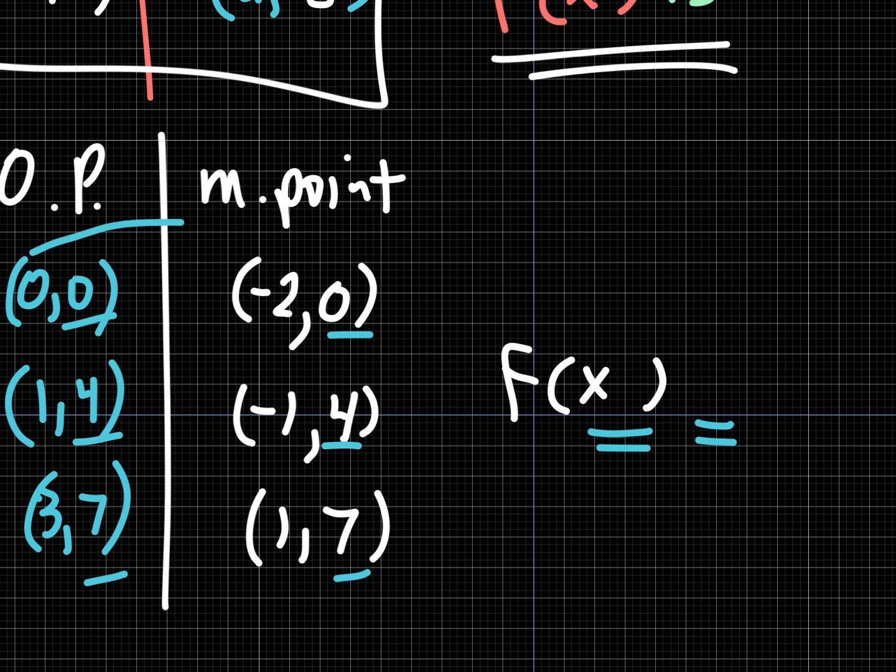But all my x's went down 2 for this one, and down 2 for that one, and down 2 for that one. So all my x's went down 2. Now, this is down 2, this is up and down. It's on the outside. So down 2, we go -2.